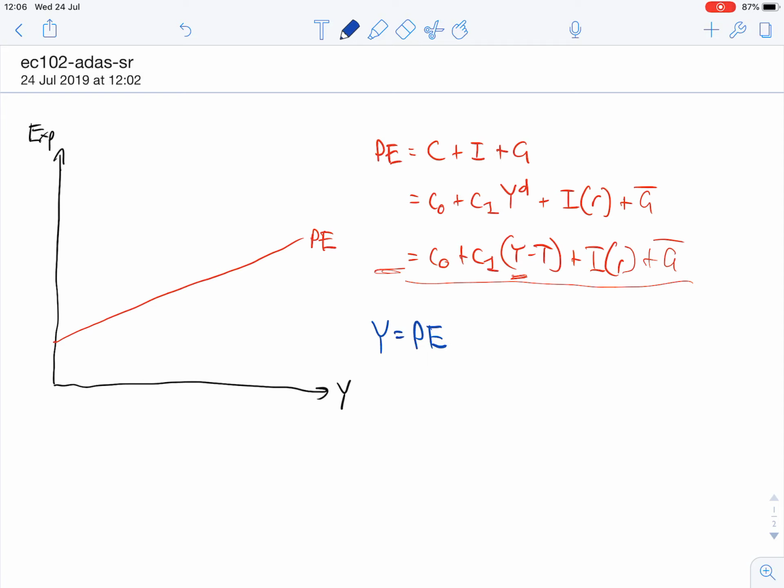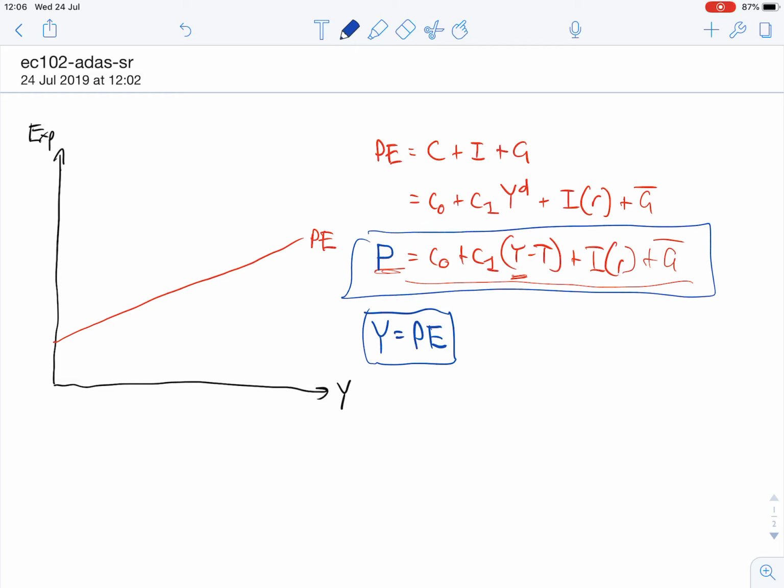So in other words, if we impose this into here, we can solve for an expenditure income pair. This equation now gives us the equilibrium value in the Keynesian cross model.